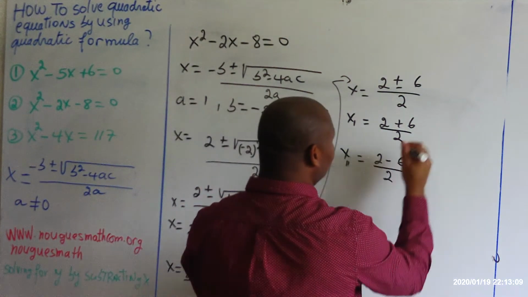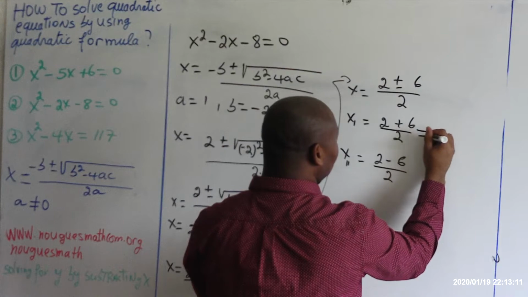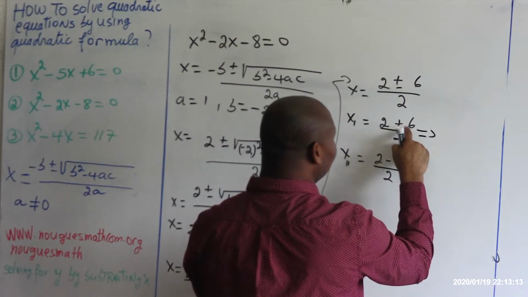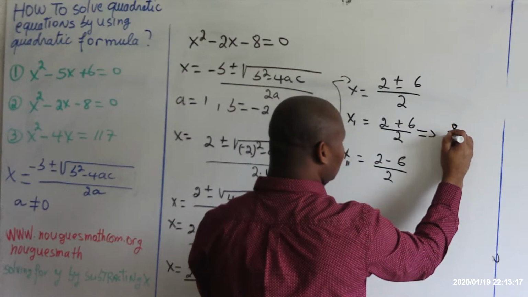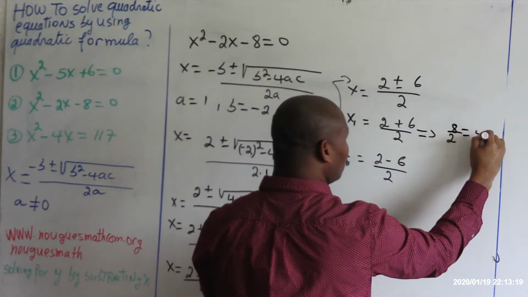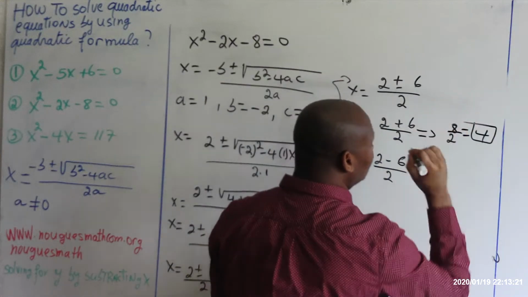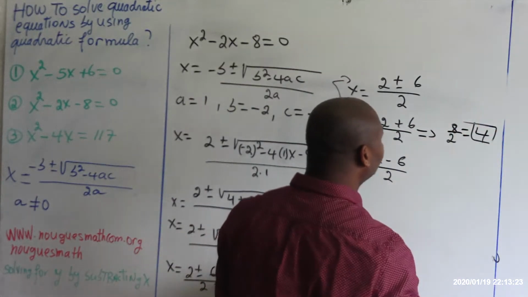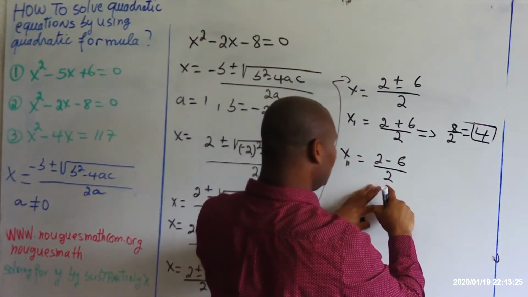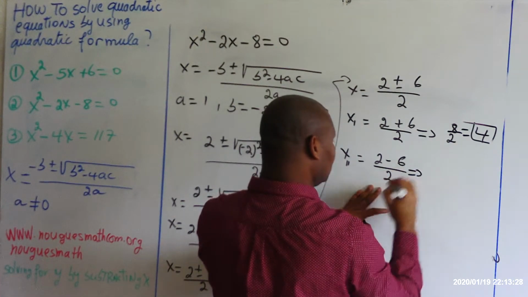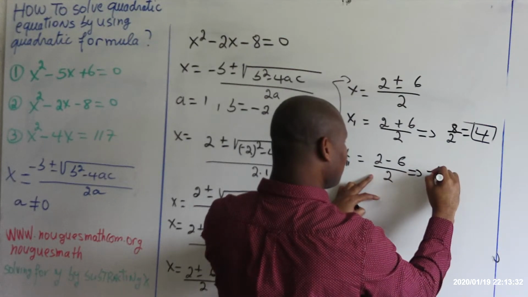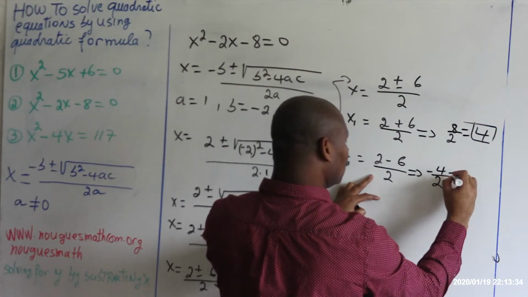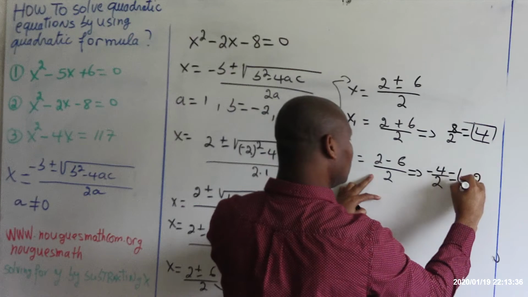Let's do the first one. 2 plus 6 is 8, and 8 over 2 is 4. That's the first solution. The second one, 2 minus 6 is negative 4, over 2, that's negative 2.